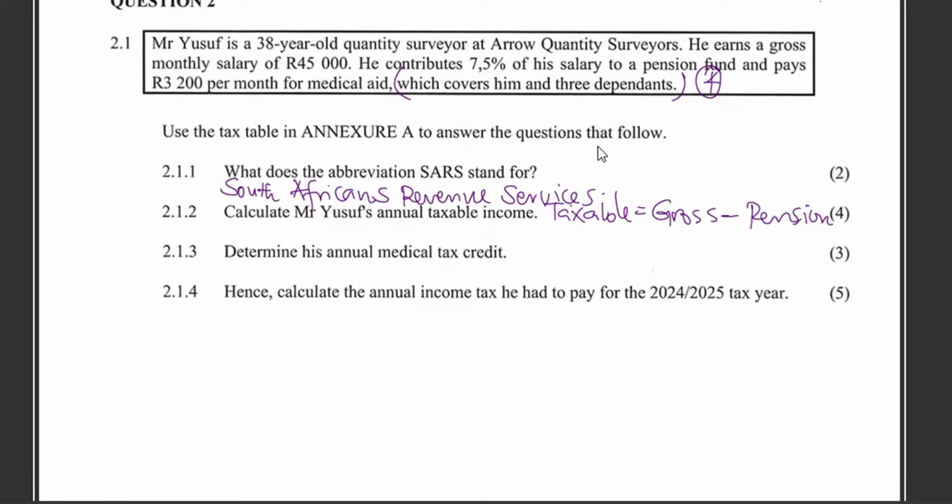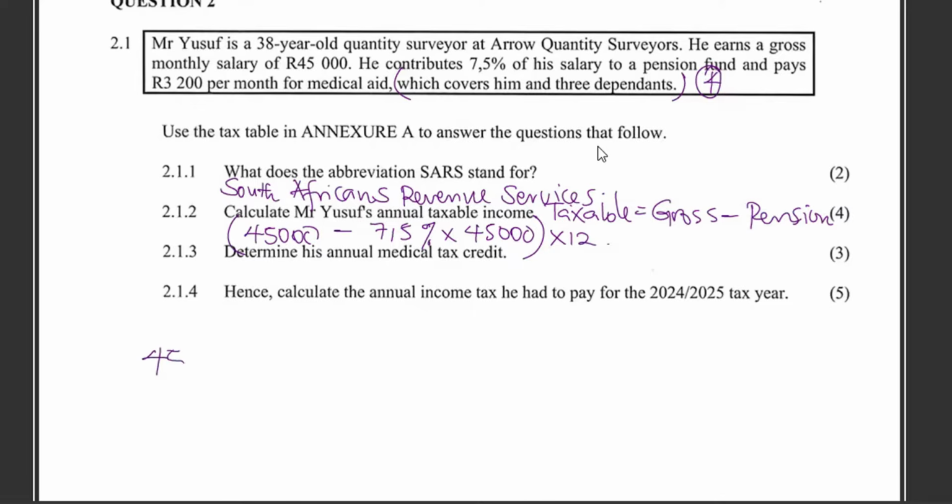So we shall say gross, 45,000 minus 7.5% times the same money, everything multiplied by 12. Or, when you're looking at it, this is a reduction.